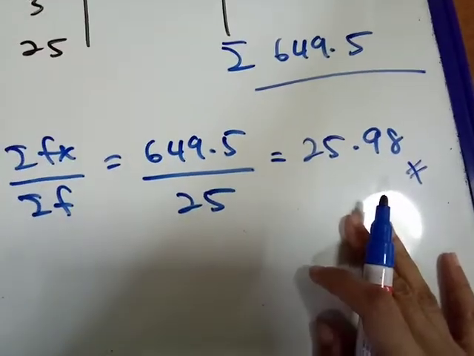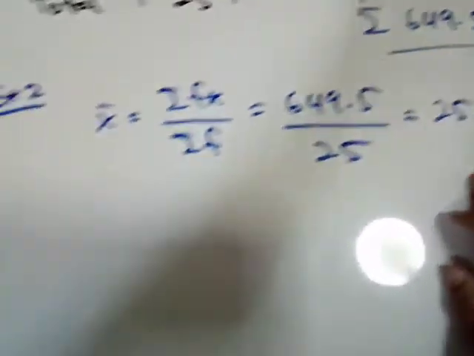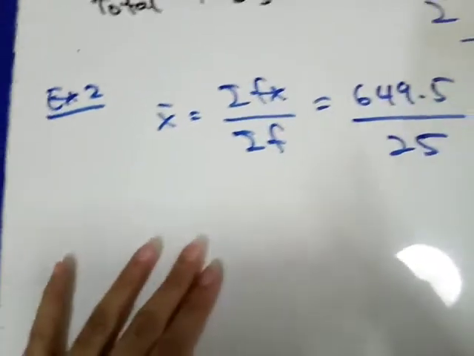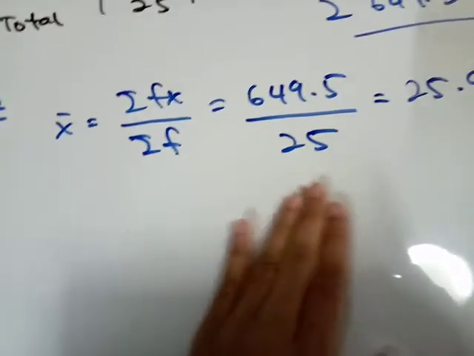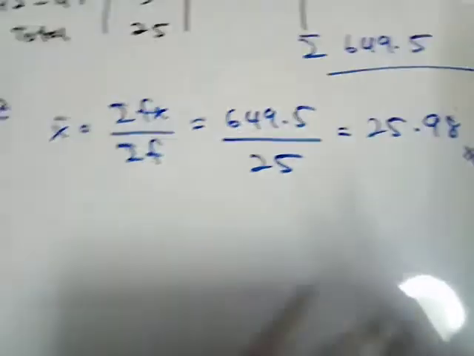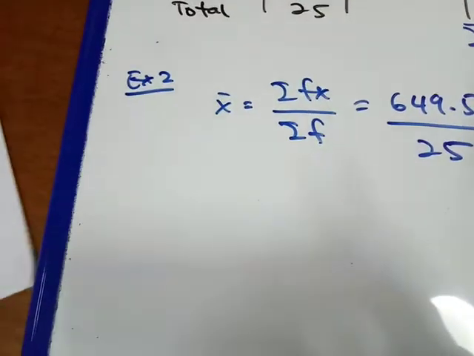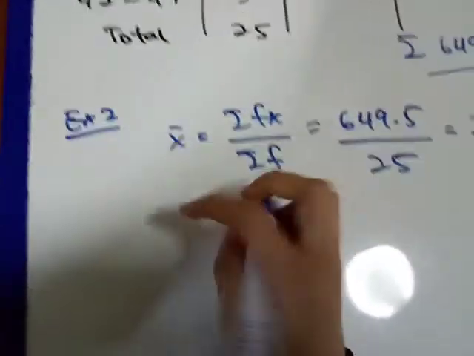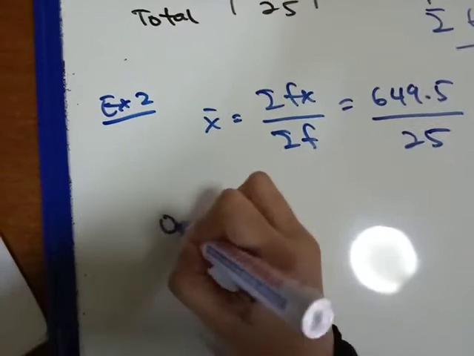Mean for group data. Alright, so how to interpret? Pun kena interpret juga. Kalau soalan minta interpret, calculate the mean and interpret the value mean dia. So you have to interpret. Kalau soalan tak minta, tak apa. Tapi kalau soalan minta macam mana? So, disebabkan dia mean, so keyword dia adalah on the average.